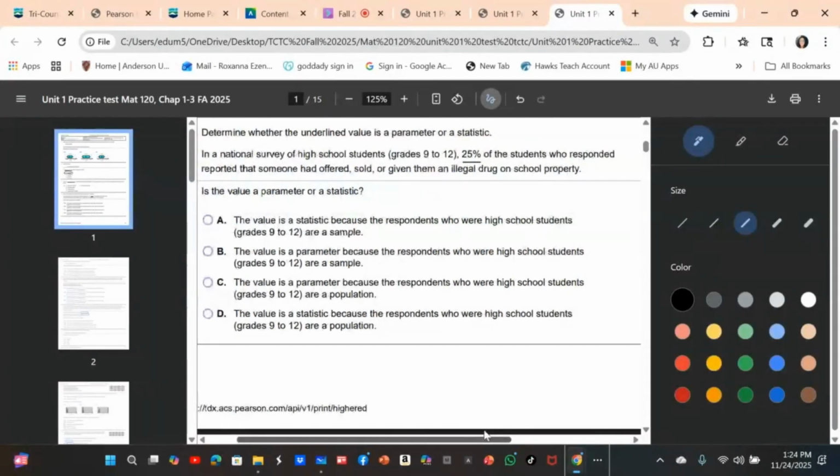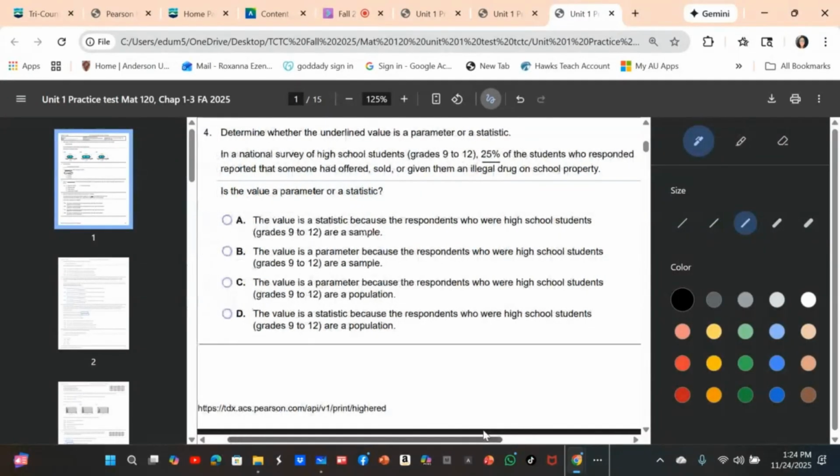So 25% said that, and the question is whether the value is a parameter or a statistic.